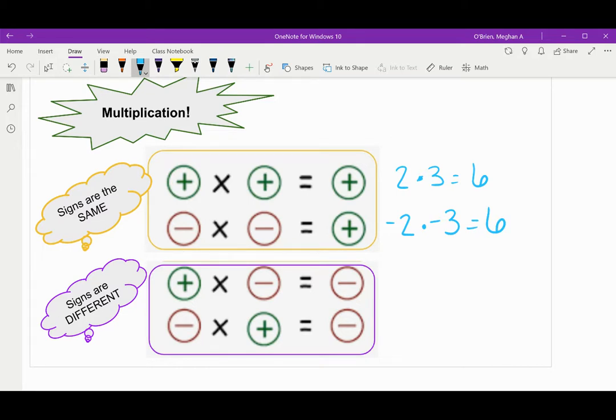When the signs are different, so if I have 4 times a -5, I get a -20. And if I were to just reverse that around, as far as the factors go, I'd also get a -20.